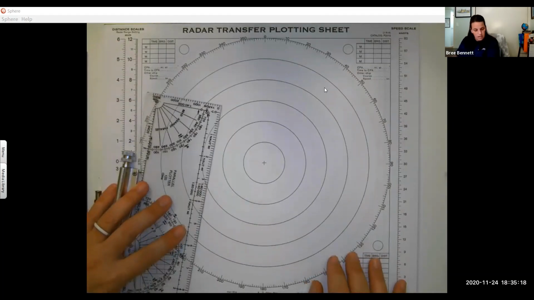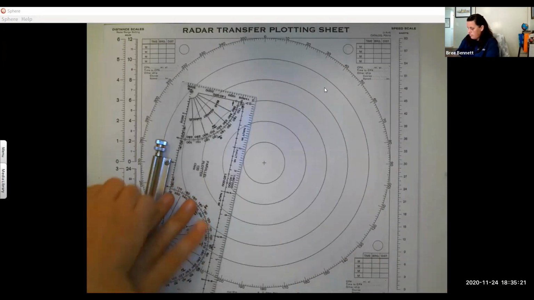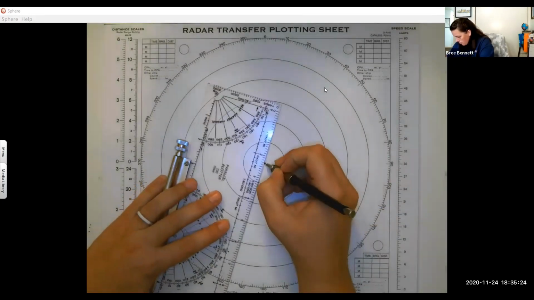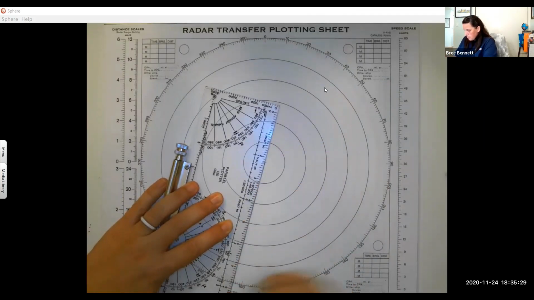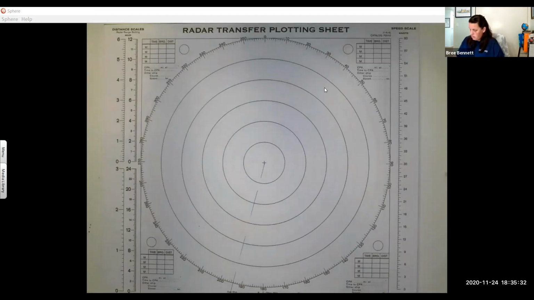So we have a course of 194, and I'm going to call it 194 at 18 knots. That's my own ship. At the times noted, a contact is observed on the radar scope at the following bearings and ranges.